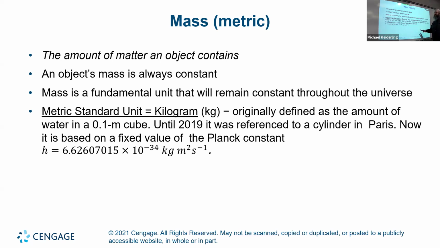And so Planck's constant is now defined to have an exact value of 6.62607015 times 10 to the minus 34 kilogram meters squared per second.